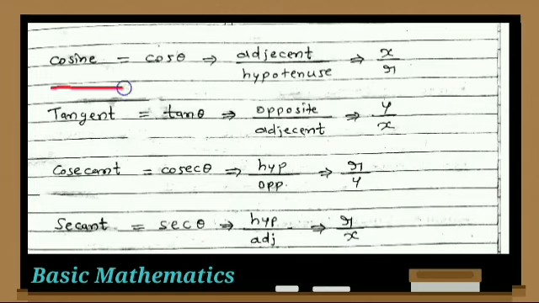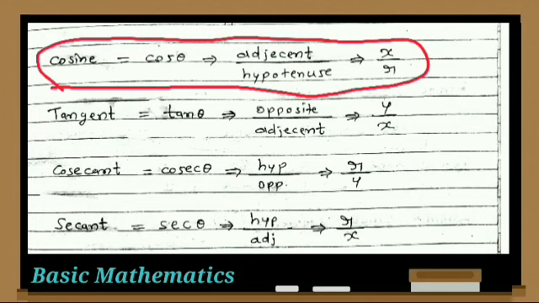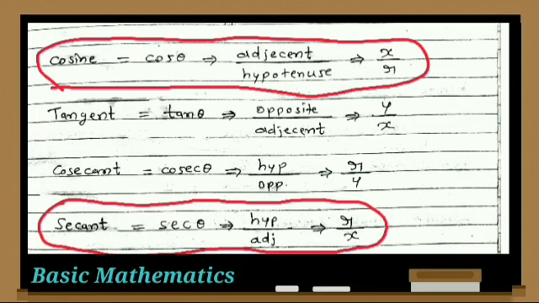Same as the next function, cosine or cos theta. It is represented by x upon r, and it is the reciprocal of secant or sec theta. We can see here cos theta equals x upon r and sec theta equals r upon x. So we can write here sec theta equals 1 upon cos theta. Is it clear to you?